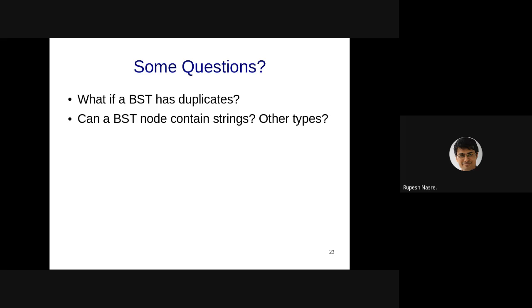Mayank says it can contain characters because then we can compare with ASCII value. That is one possibility. Aniruddha says lexicographic for strings. That is one possibility. There could be others. For example, you can have something like dates. Dates could be in different orders, and you might want to order them in a particular way, where you need to talk about YY first, and then MM, and then DD.